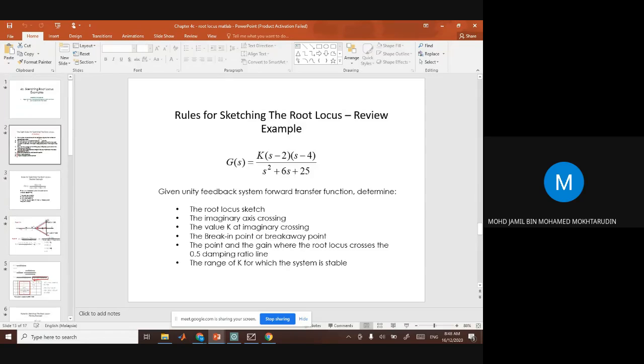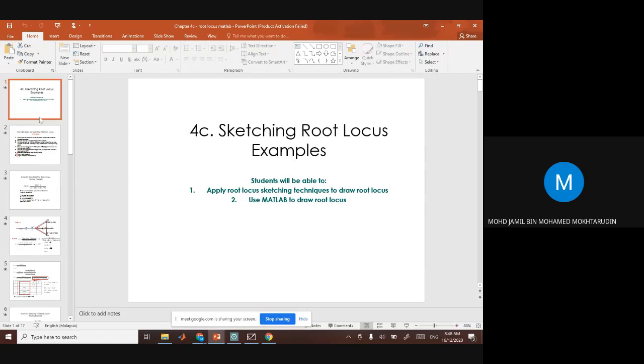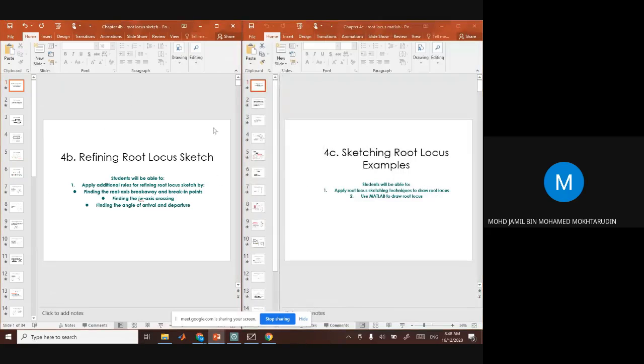So maybe what I will do is I will teach you the theory, and then I will go to slide 4C to show you the example.